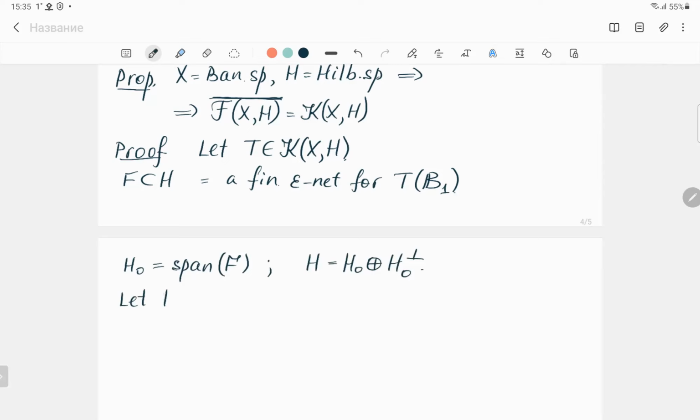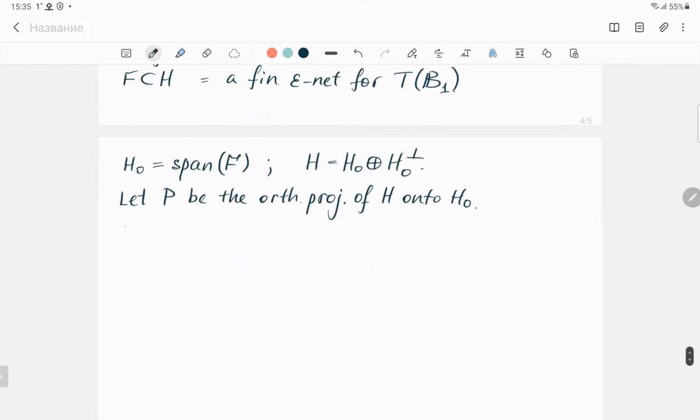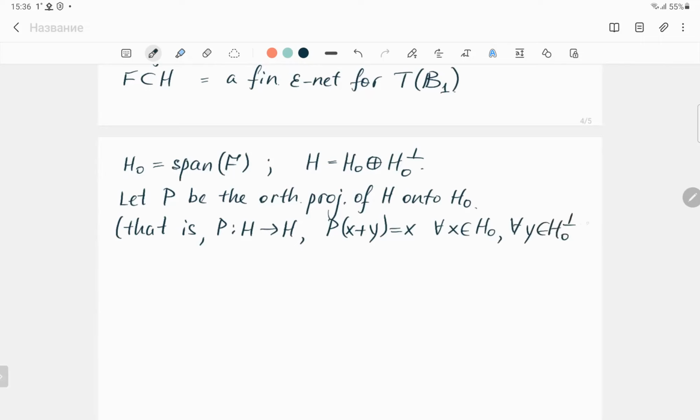And we let P denote the orthogonal projection of H onto H0, which means that P is a bounded linear operator from H to itself, which acts by the following formula. If x is an element of H0 and y is an element of the orthogonal complement, then x plus y goes to x.